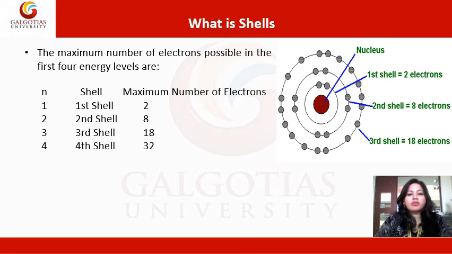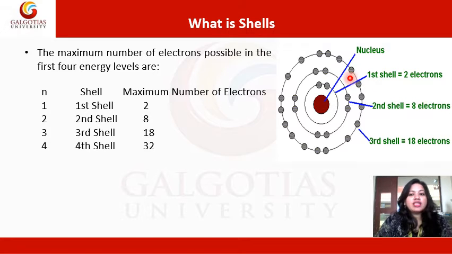The maximum number of electrons possible in the first four energy levels are: if n equals 1, that indicates the first shell, having the maximum number of electrons as 2. If n equals 2, that indicates the second shell, having 8 electrons.